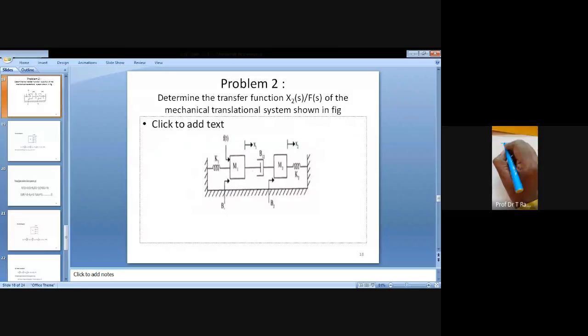Now I draw the diagram. You can see now.